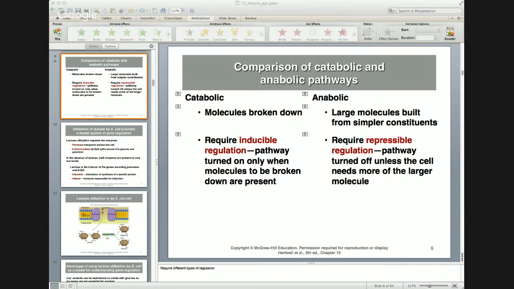Okay, showing in this figure, you'll see that in addition to the structural genes and the promoter site and the operator site, we have here a repressor protein. That repressor protein is encoded by a gene known as the LAC-I gene. And the LAC-I gene encodes a repressor protein here. And that repressor affects how the structural genes are regulated.